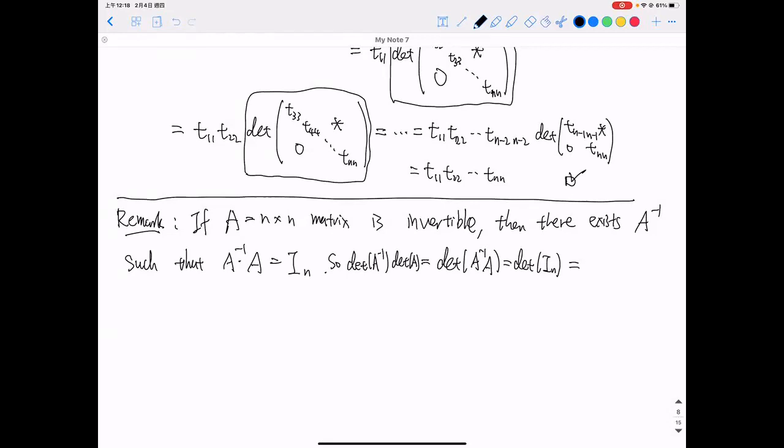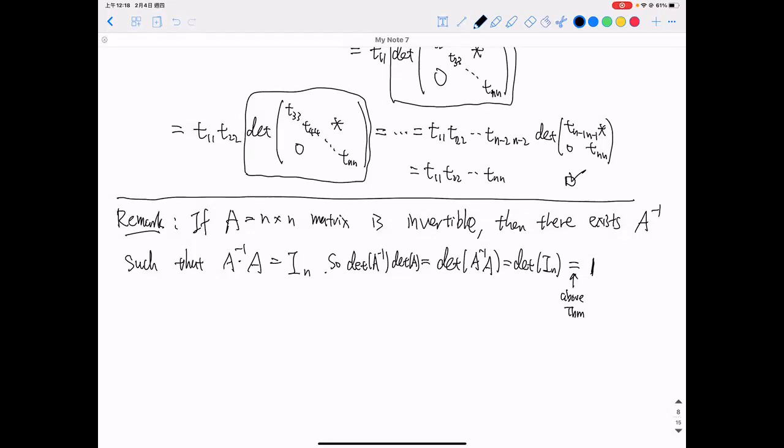So the previous theorem tells you that the determinant of I is just the product of the diagonal entries, and all those diagonal entries are 1, so you get 1 here.